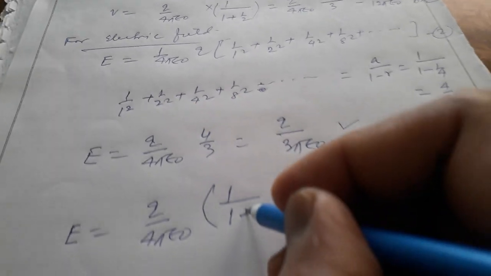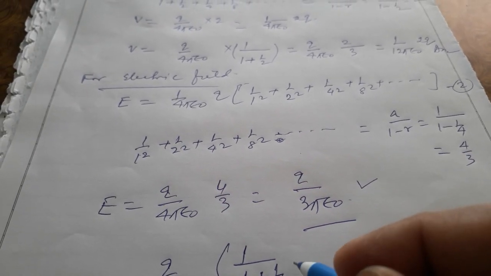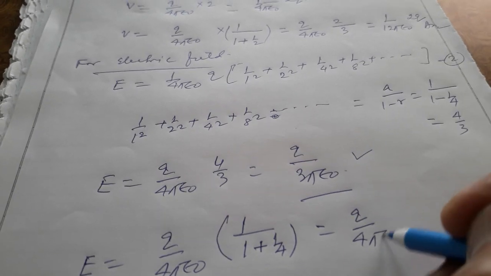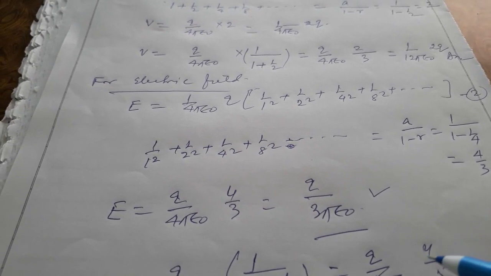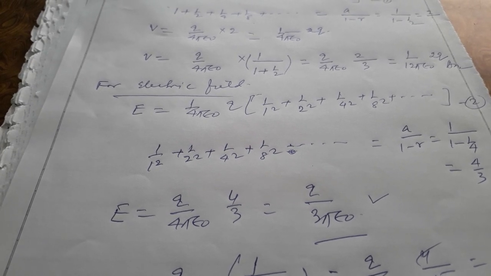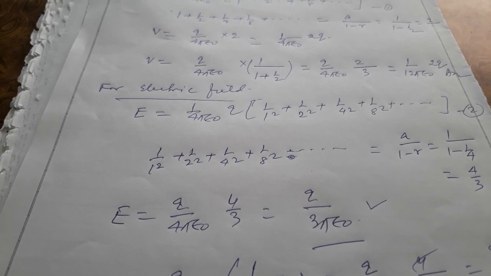So putting minus 1 by 4, we get 1 by 1 plus 1 by 4 equal to Q by 4 pi epsilon naught into 4 by 5, that is Q by 5 pi epsilon naught.